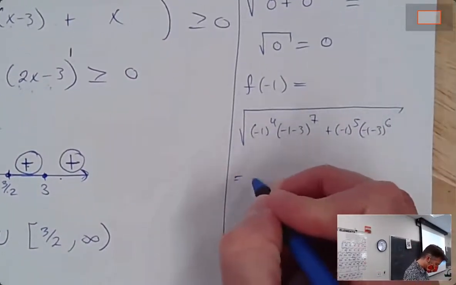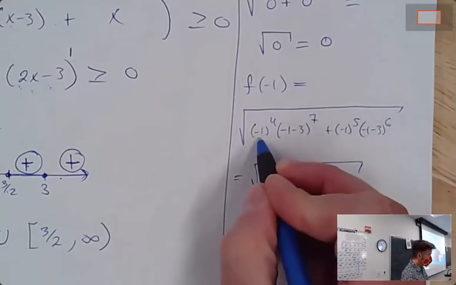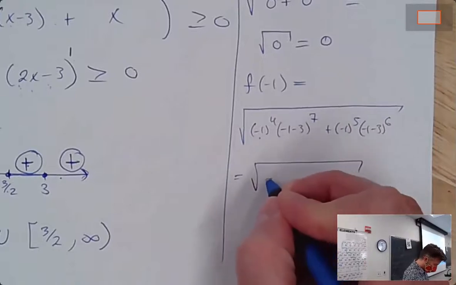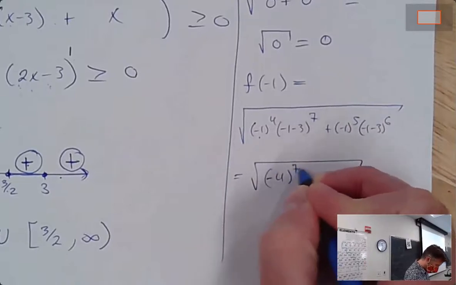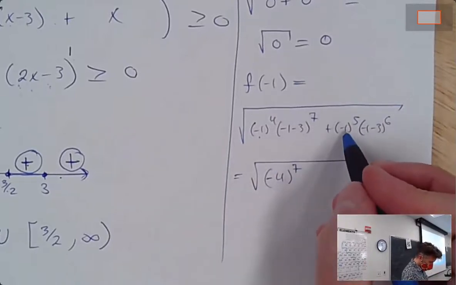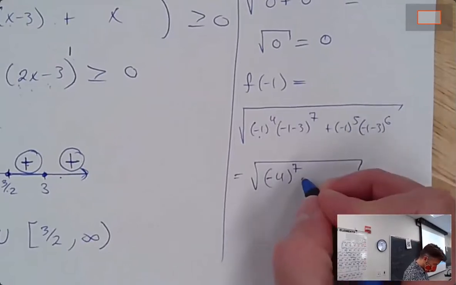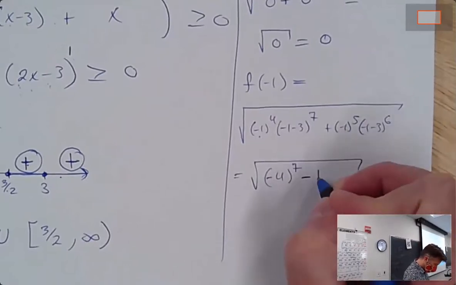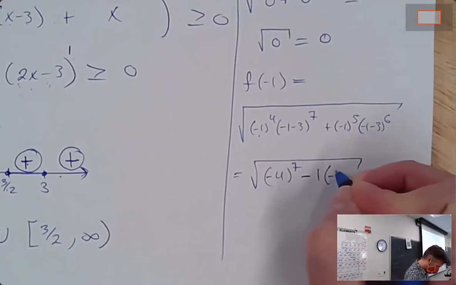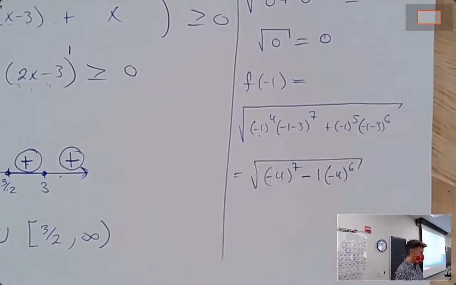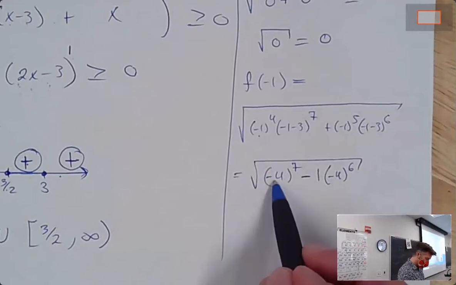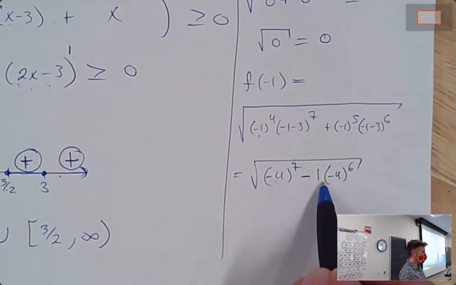Here's what I'm going to do. -1 to the 4th is +1. -1 minus 3 to the 7th is -4 to the 7th. -1 to the 5th is just -1. And -1 minus 3 is -4 to the 6th. And here's what I have. I have a negative number minus a positive number, which makes it even more negative.